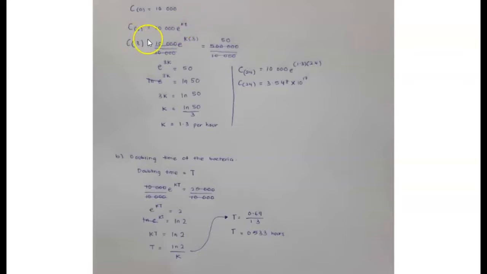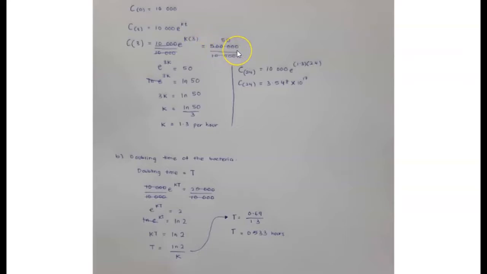To find k, which is the proportional constant, first of all we put the equation for time 0 and the 3 hour time, which is C(3) equals 10,000 e to the power of k times 3.